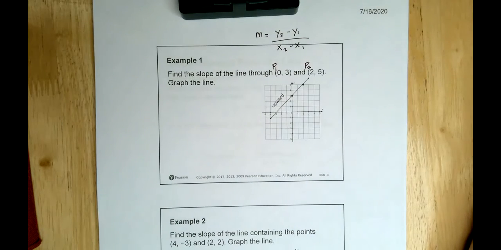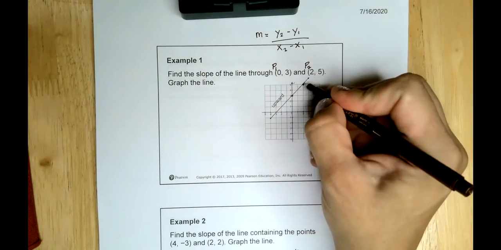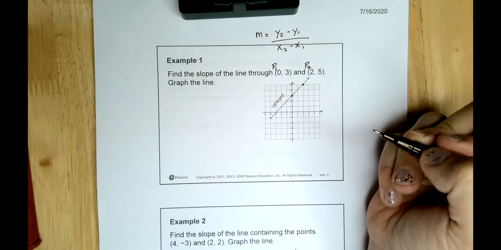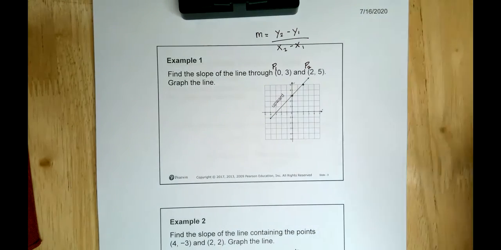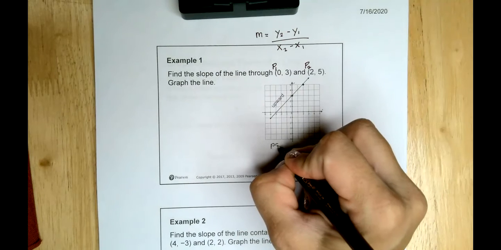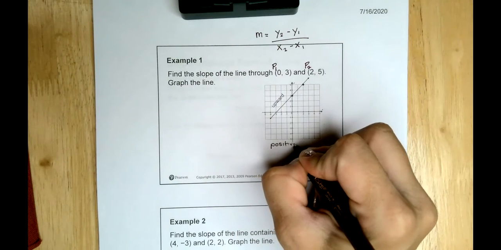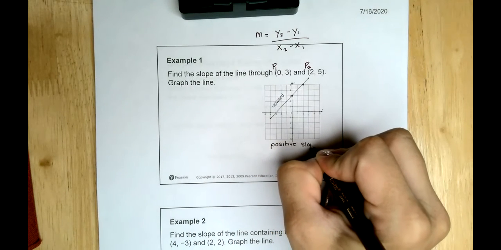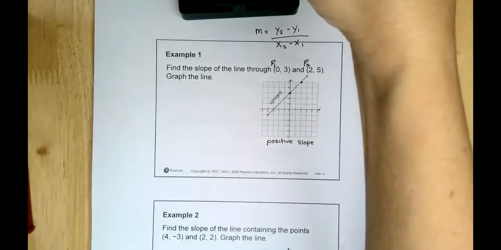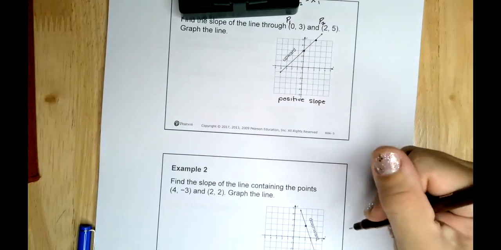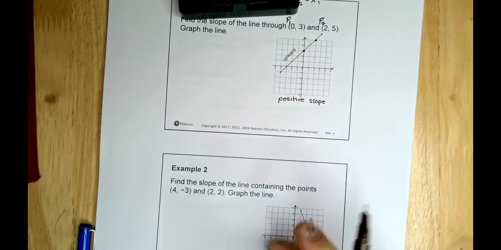So if I look at this, it's going upward, right? If a line is going upward, we call this a positive slope. And in contrast, down here, we have a downward slope. We call this a negative slope.